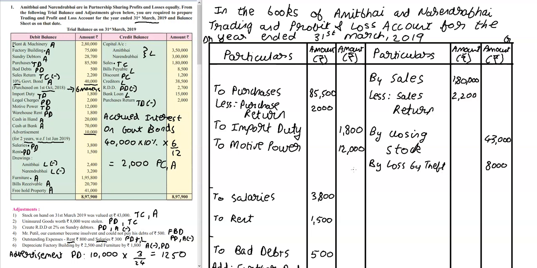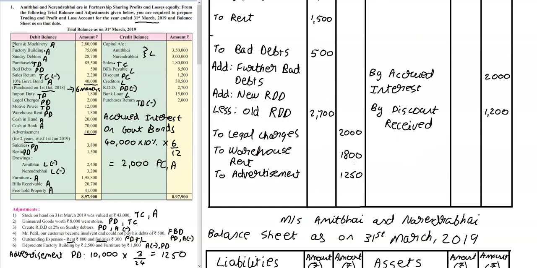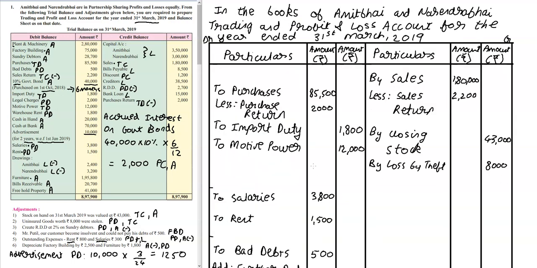Credit what goes out, and now we debit all expenses and losses. So to loss by theft, and the same amount, which is 8,000. Next, we have RDD 2% on Sundry Debtors, but always remember it's good to finish further bad debts first.